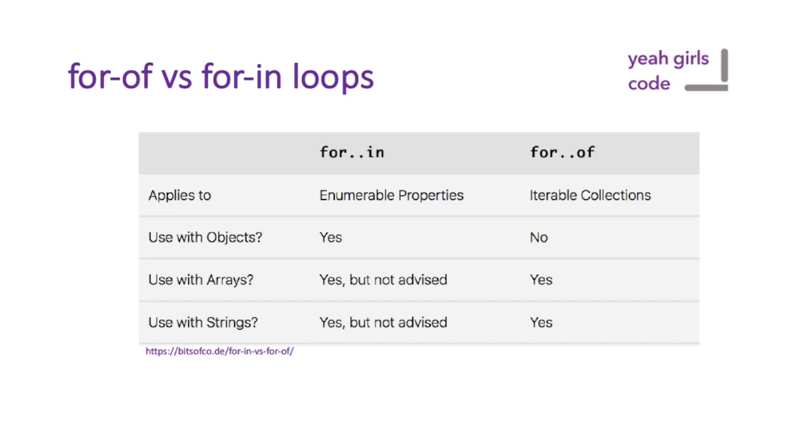You can use for...in with objects, whereas for the for...of loop, you need to convert the object into an array or something that's iterable. So you can use for...in with an array, but it's not advised. However, the for...of loop is really ideal for arrays. Same for strings. for...in loops are really not advised for strings, but for...of loops, yeah, it's really the ideal way you want to go for this.